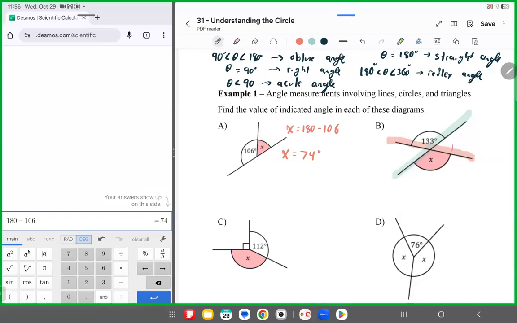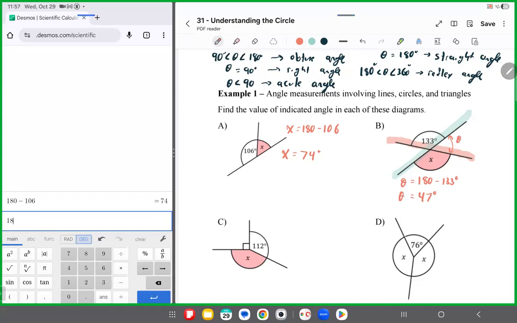So we could figure out this angle, say, theta first, and then use the same property to figure out what the green line should be. Here, theta would equal 180 minus 133 degrees, so theta would be equal to 47 degrees.